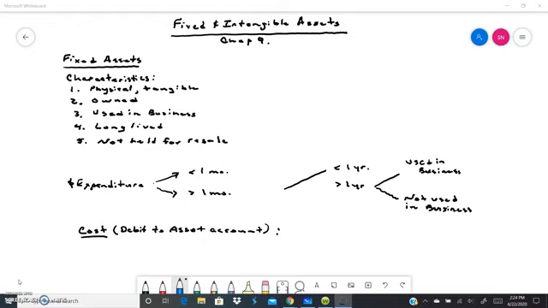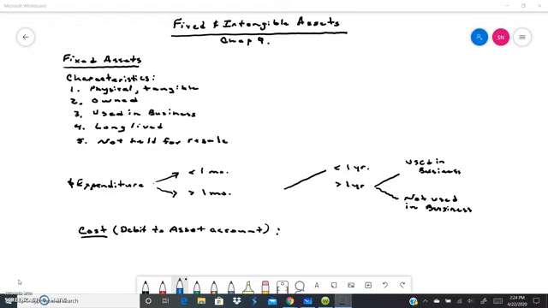So what we're going to cover in this chapter are, first of all, fixed assets. We're going to learn what fixed assets are, how we're going to record the cost of the fixed asset, what happens when we have a subsequent expenditure, how do we classify that as either a fixed asset or an expense, how are we going to depreciate our fixed asset using three generally accepted accounting methods.